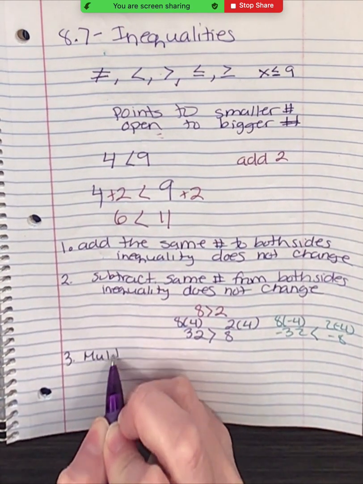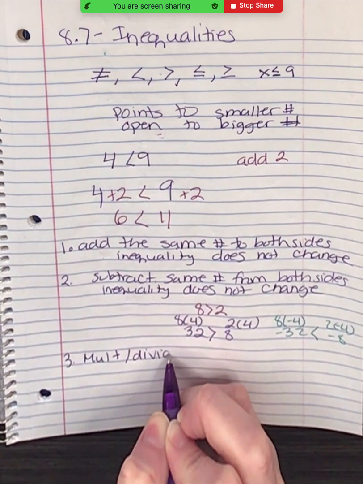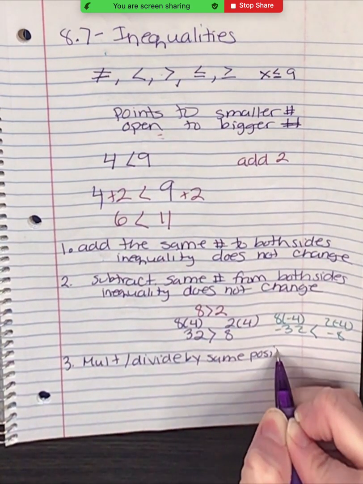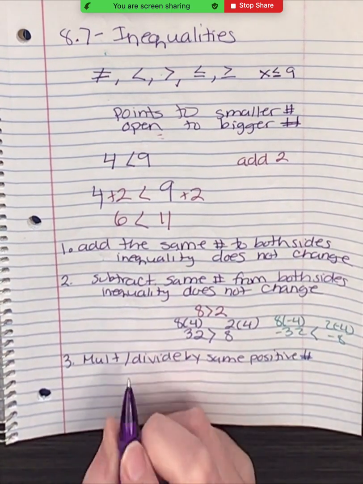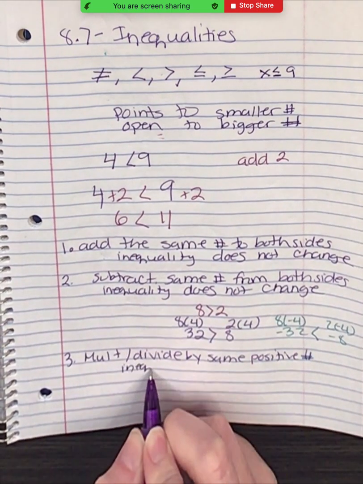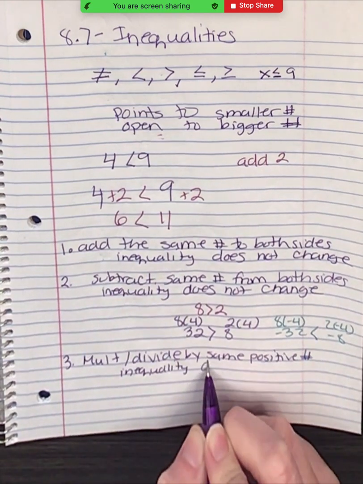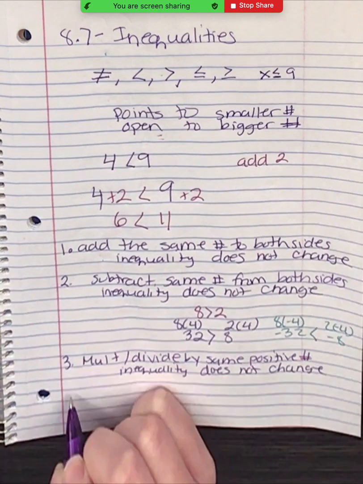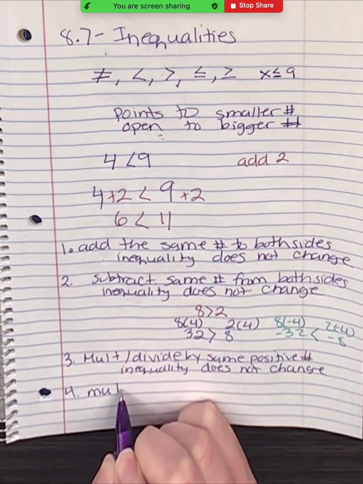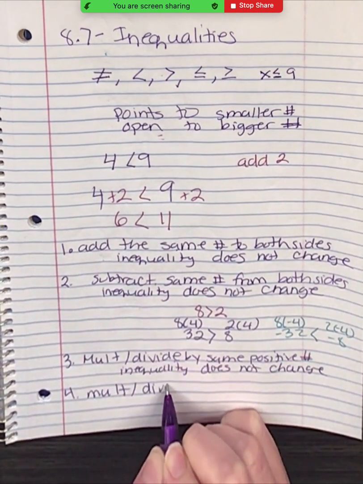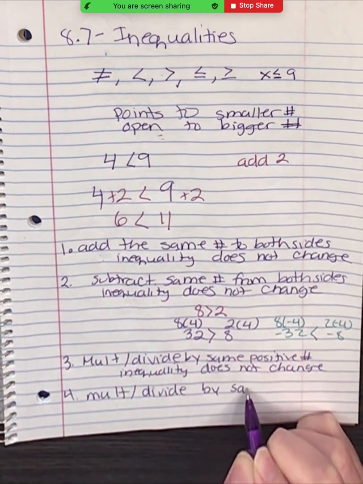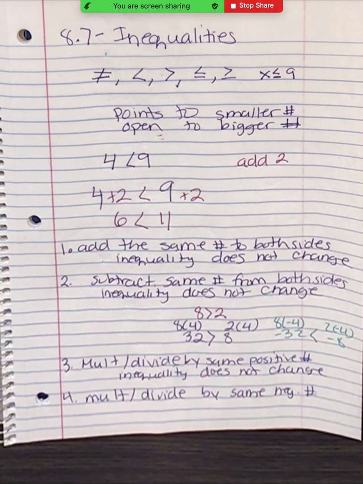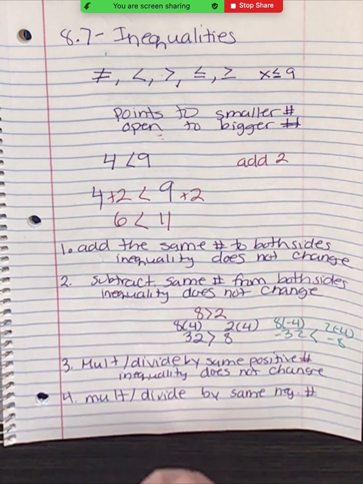You can multiply or divide by the same positive number, and the inequality does not change. And then if you multiply or divide by the same negative number, you need to reverse your inequality.